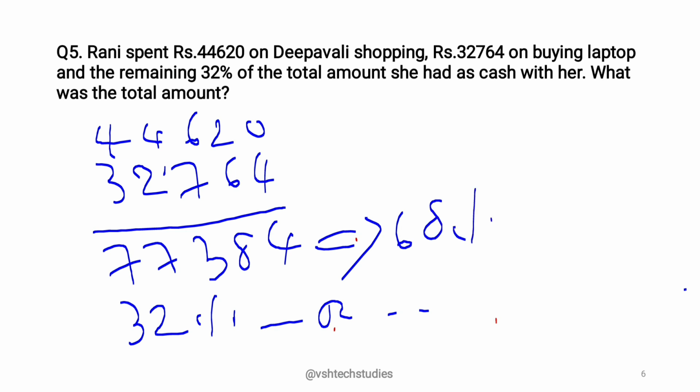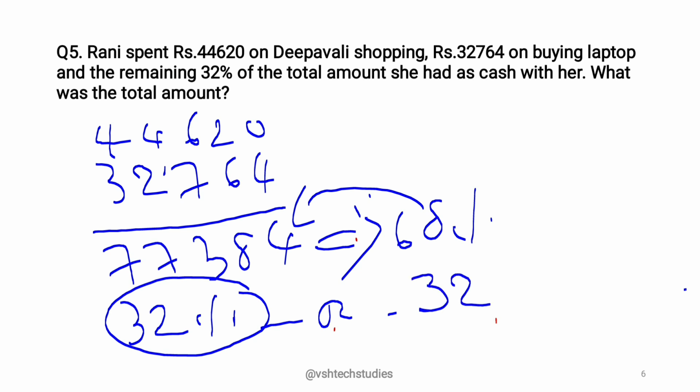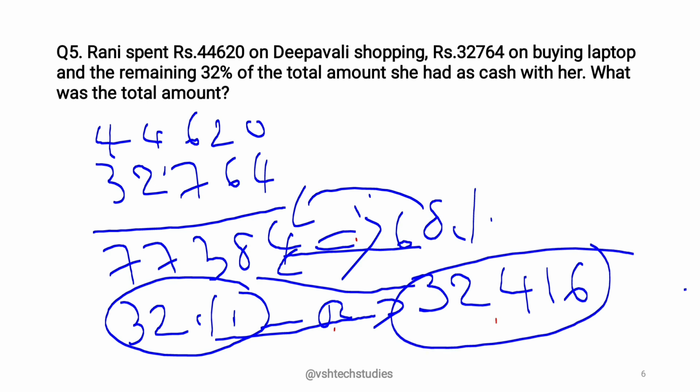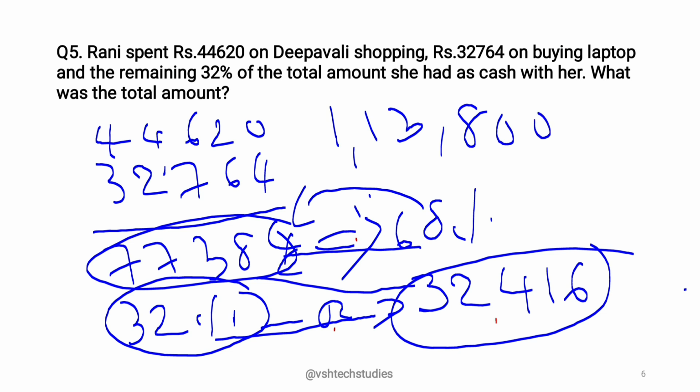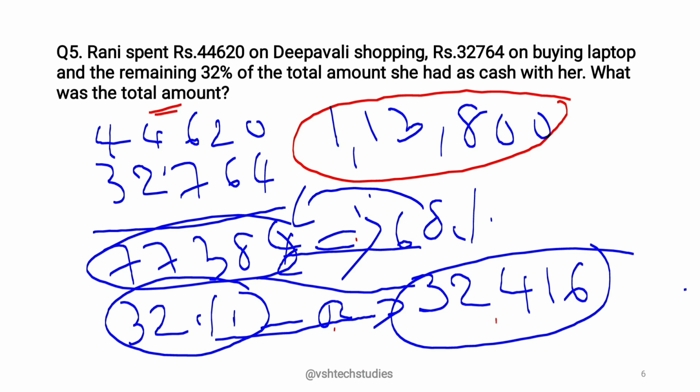So when this 68% is 77,384, if you calculate 32% of total amount, we have got 36,416. So this is 32%, this is 68%. Hence, adding this and this, it comes out to be 1,13,800, and this is the total amount of money that Rani had. That is the answer. That completes the solution of question number 5.